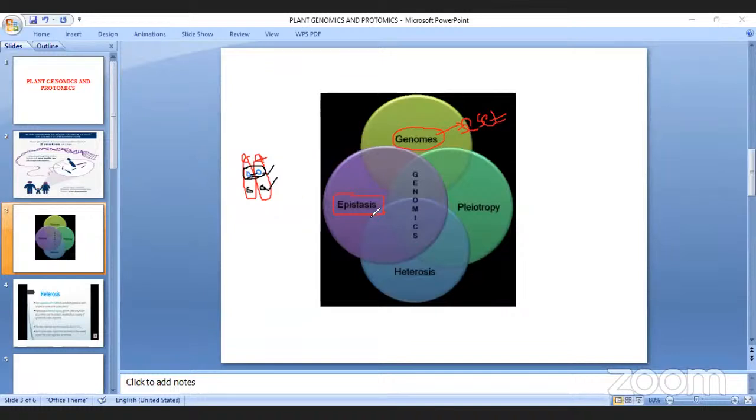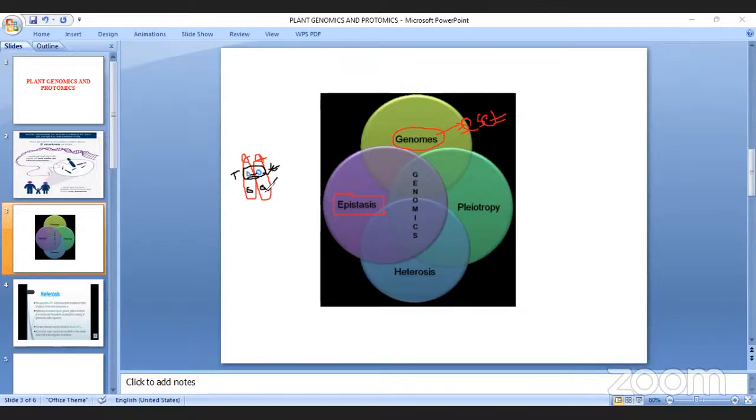In genomics, we discuss gene interaction between non-homologous, non-locus chromosomes. That means genes of different chromosomes. Here, for example, the blue color is capital T, another blue color is small t.